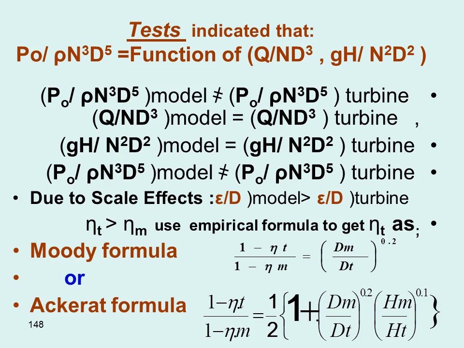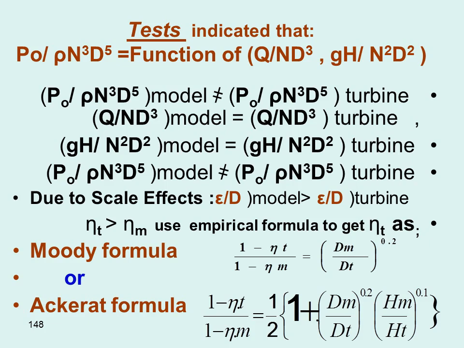If you keep Q over n d cubed constant, this means Q over n d cubed for the model equals Q over n d cubed for the turbine, and also gH over n squared d squared is kept constant, this means this value for the model will be equal to that for the turbine. We must set that P naught over rho n cubed d to the power 5 must be constant also. Actually, we have some problem here.